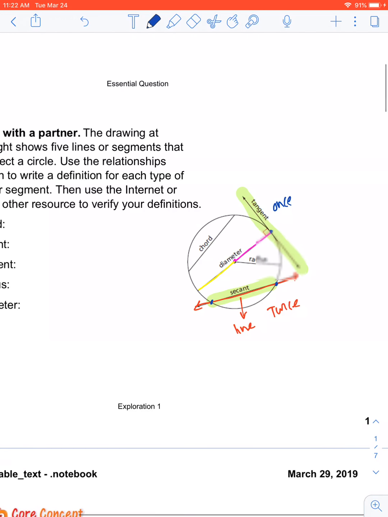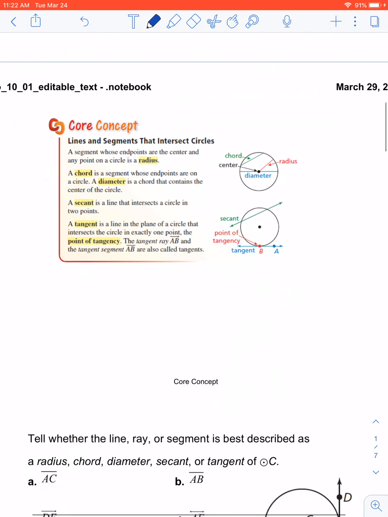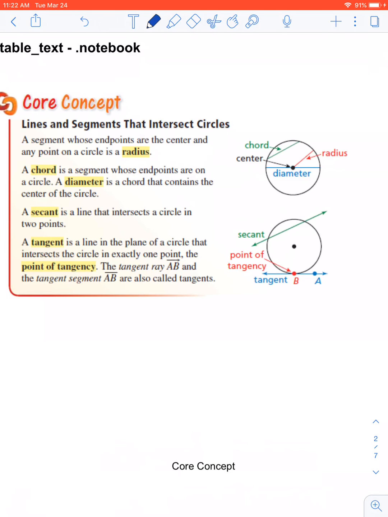So that was kind of a drawing approach. All right, here is everything that you need to know in written form from your notes. A segment whose endpoints are the center and any point on the circle, that's your radius. A chord has endpoints on the circle, and a diameter is a special type of chord that contains the center.